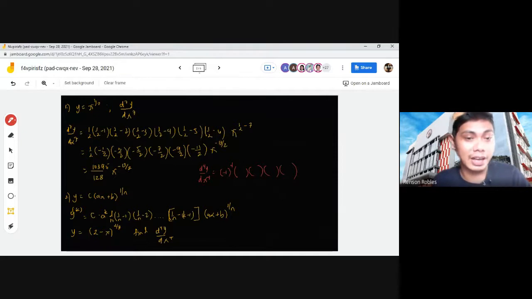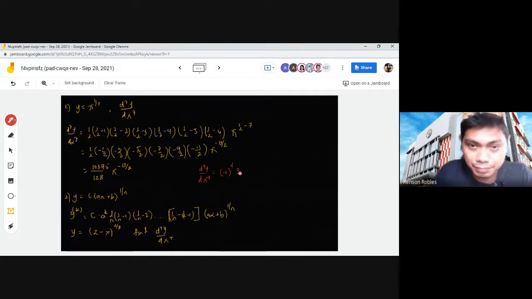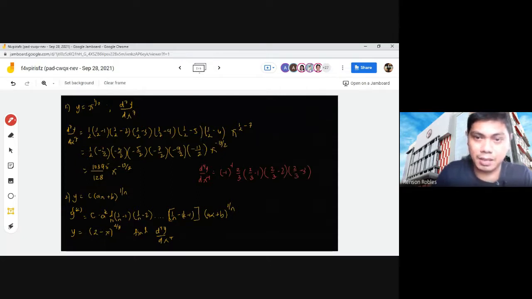But you start at 2/3. So you have 2/3 times (2/3 minus 1) times (2/3 minus 2) times (2/3 minus 3), then times (2 minus x) raised to 2/3 minus 4. Then you just simplify.